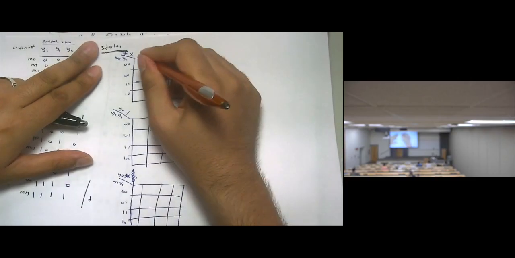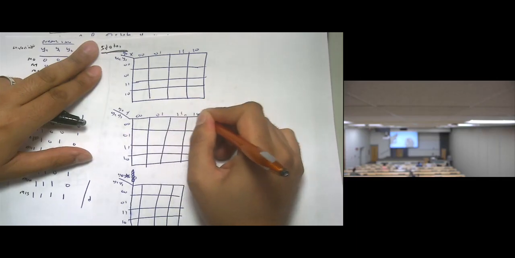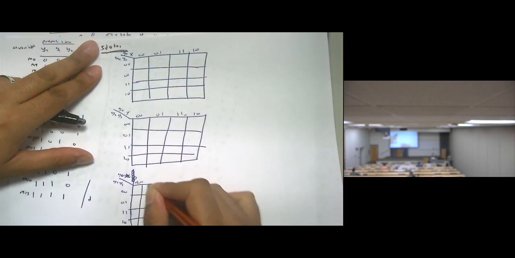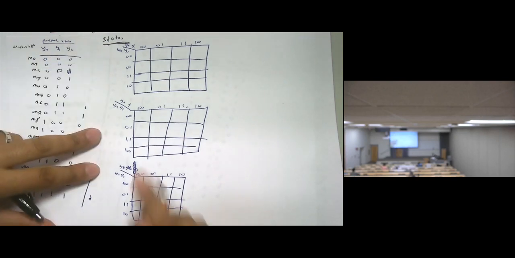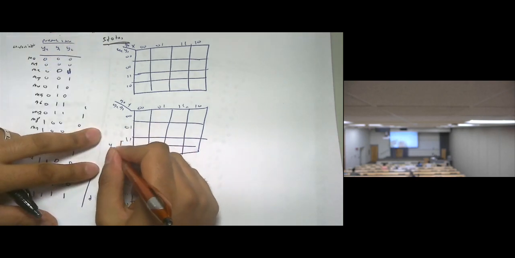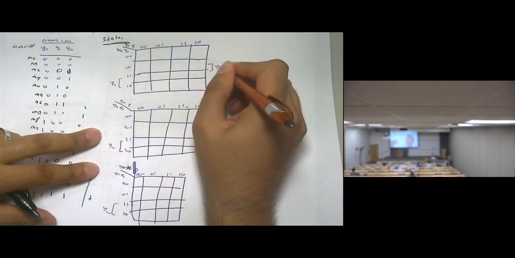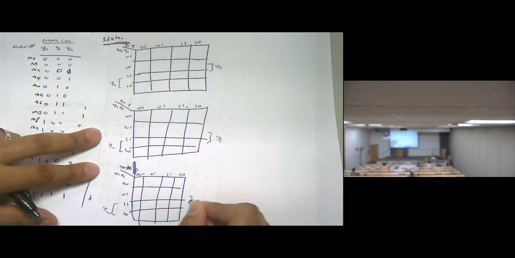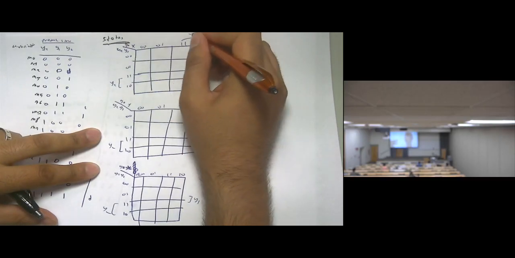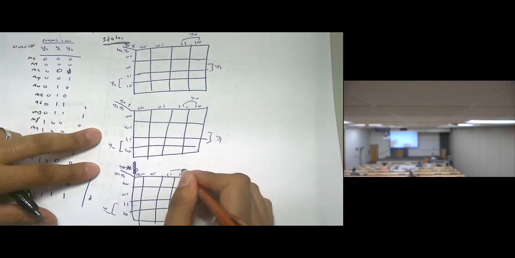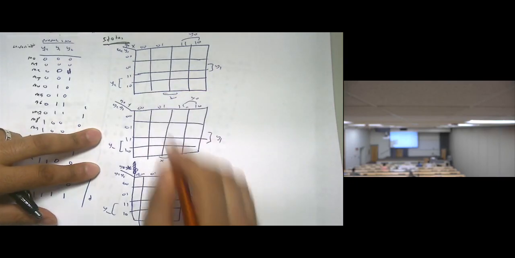Then here 0, 0, 0, 1, 1, 1, 1, 0, 0, 0, 0, 1, 1, 1, 1, 0, 0, 0, 0, 1, 1, 1, 1, 0. Then we will say this is y2, here is y2, here is y2, here is y1, here is y1, here is y1. Then this part is y0, y0, y0. This part is x, this part is x, this part is x.